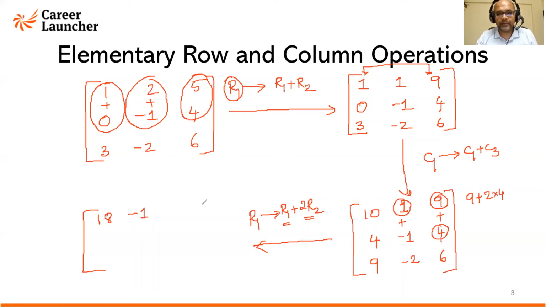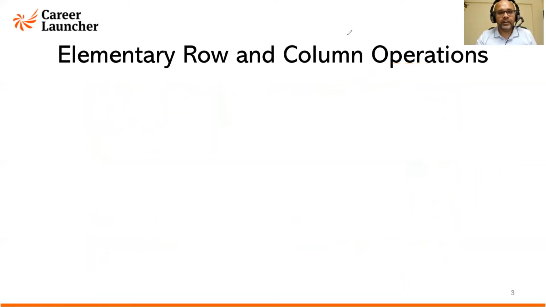So 9 plus 8, 17. The other two rows will not be changed. They will remain as they are. I can do this operation also. It is a mixture of the second operation and the third operation that we have just seen.